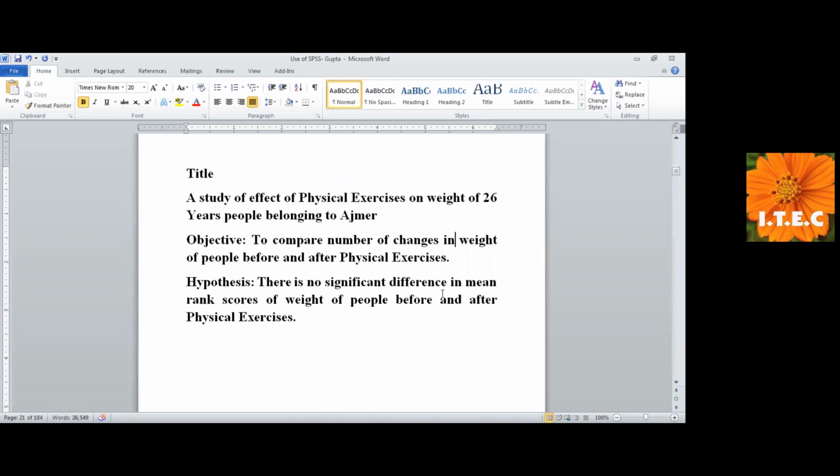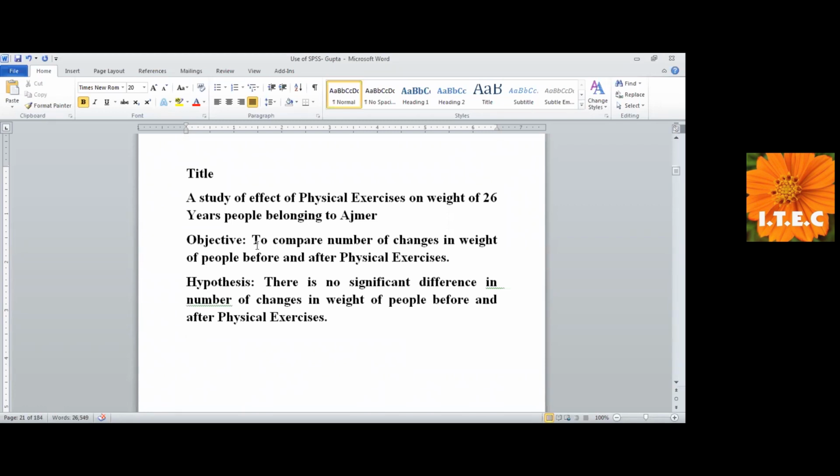And then here we should write that there is no significant difference in number of changes in weight of people before and after the physical exercise.